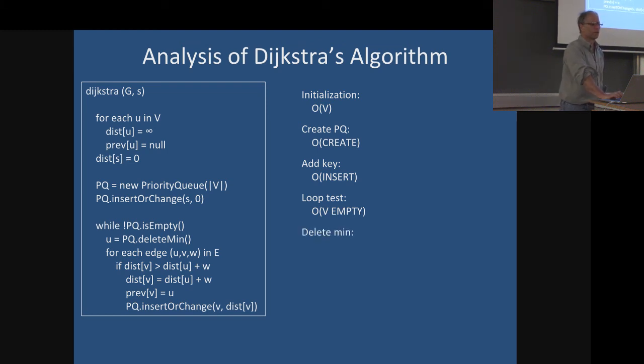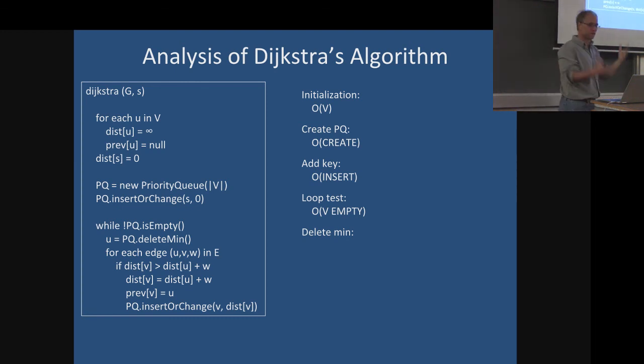How many times do we do a delete min operation? Okay. V times. If you think about it, when I took something off the queue, I colored it yellow in the graph, because I asserted it would never go back on the queue. So as long as there are no negative edges, we can say this is executed at most V times.